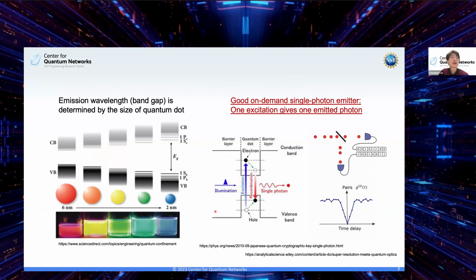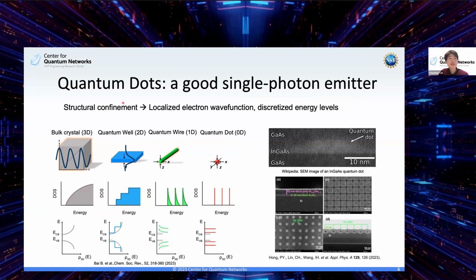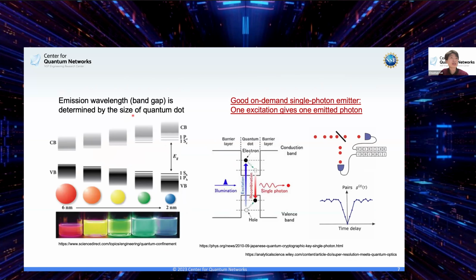After you generate these discretized energy levels, the energy gaps are determined by the size of the quantum dots. If you have a larger dot, you have less confinement in the dimension, which means you will have a smaller energy gap because you can keep more energy levels inside.